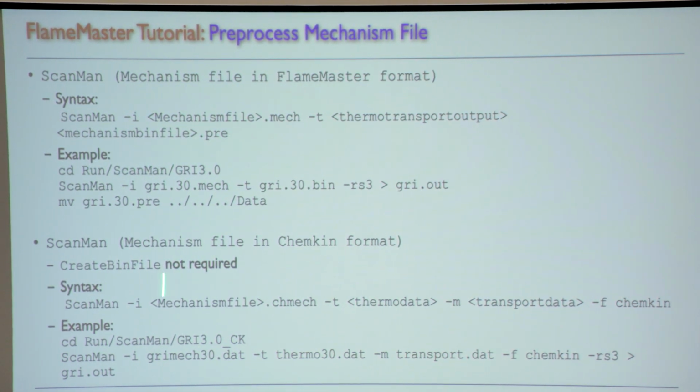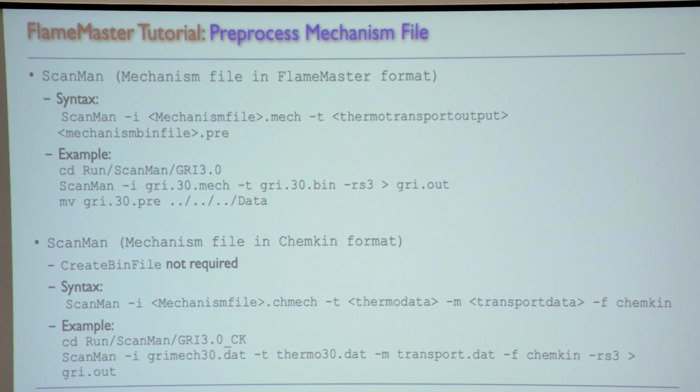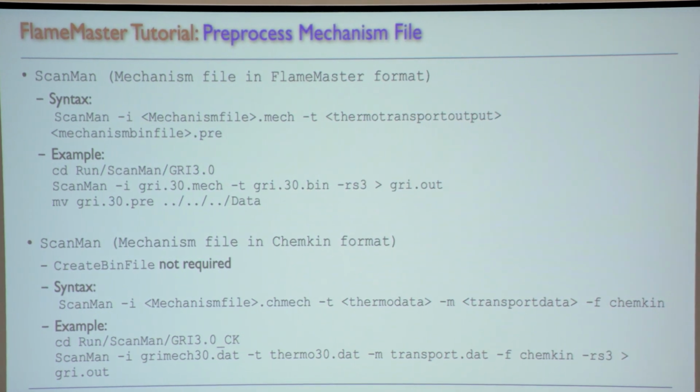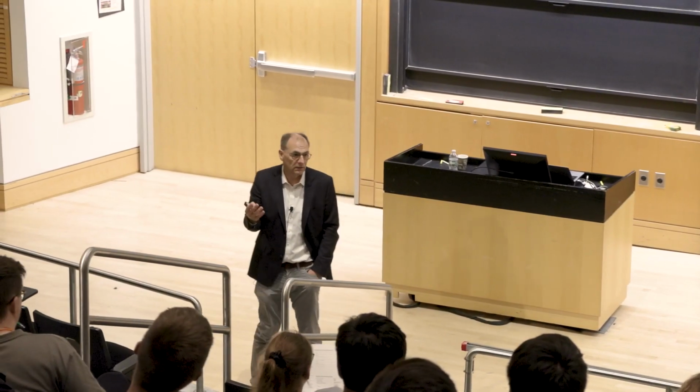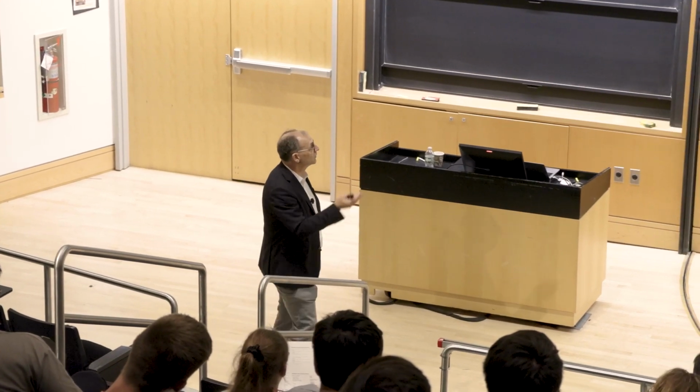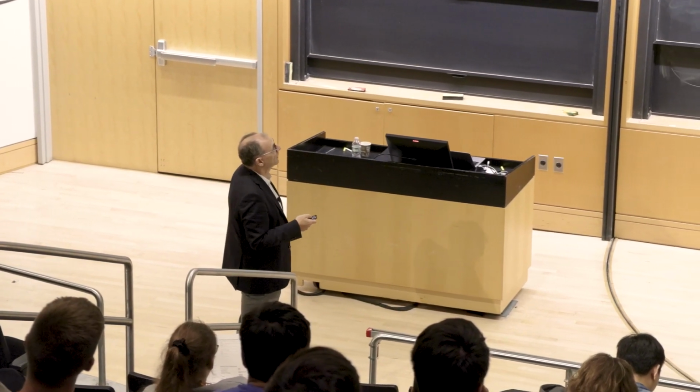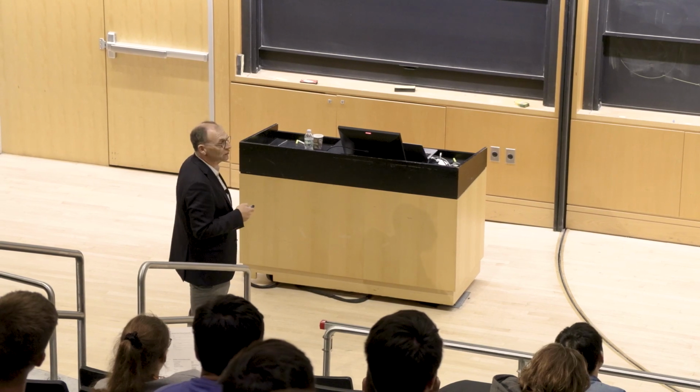By the way, when ScanMan is run, a lot of things are computed already that are used later in the simulation to make the simulation more efficient. But also a lot of checks are being done. The stoichiometry of each reaction is checked. The reverse reactions can be computed already. And a lot of consistency checks are being done.